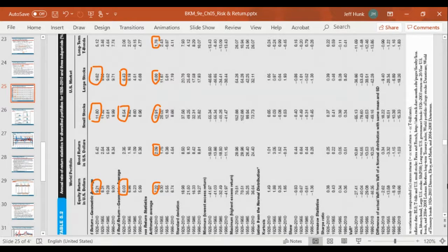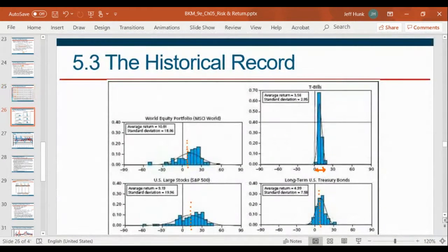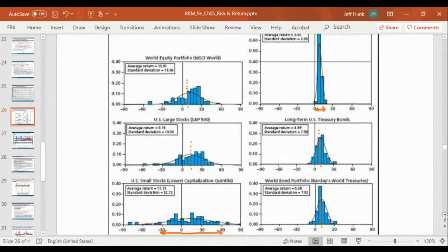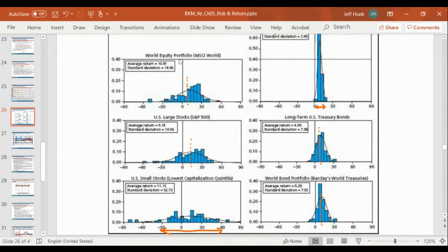Anyway, we can't go through everything on the table. But let's take a look at the summary statistics, right? So this is the world equity portfolio. Mean looks like something like 8 point something, right?